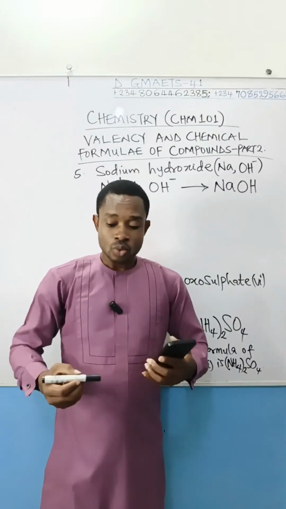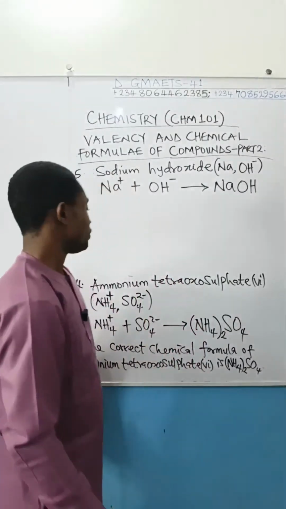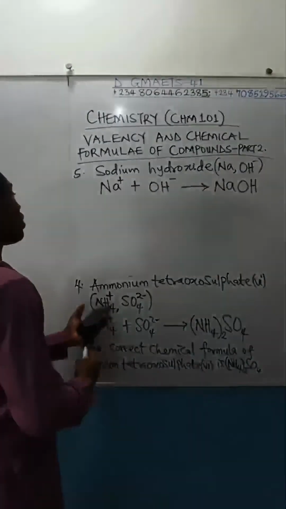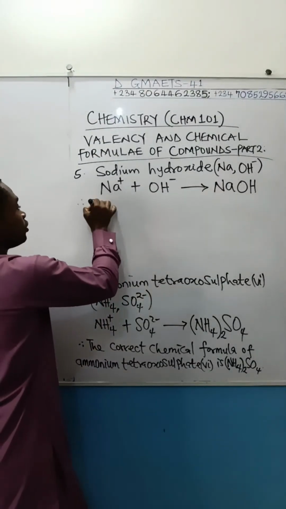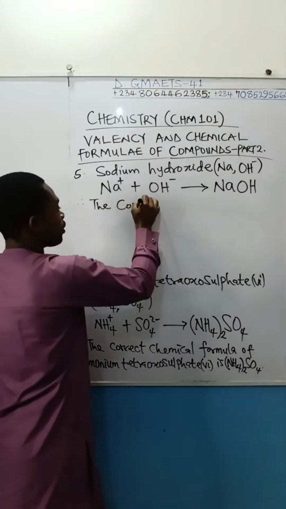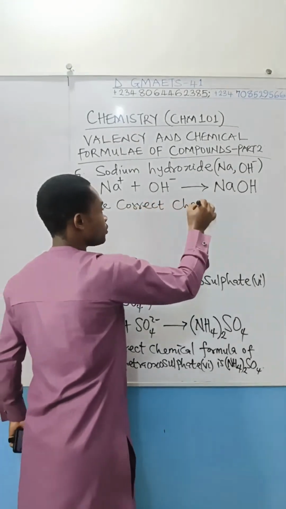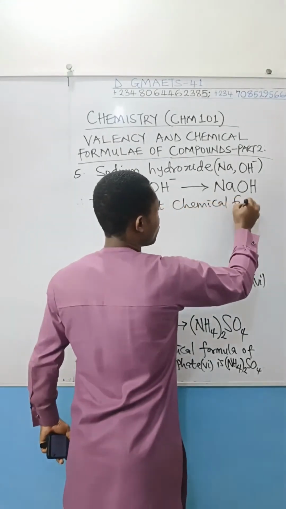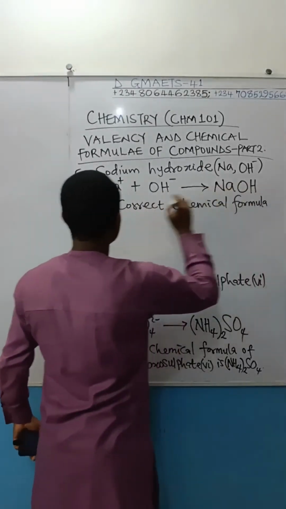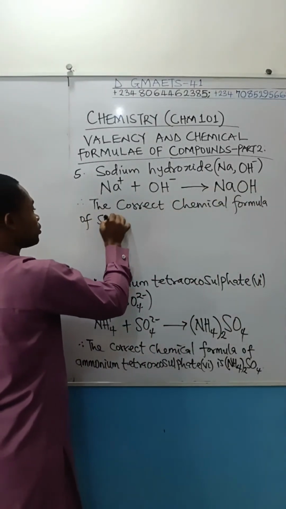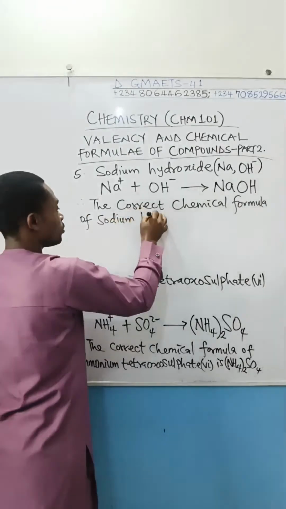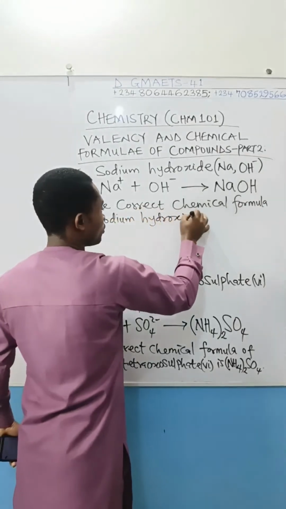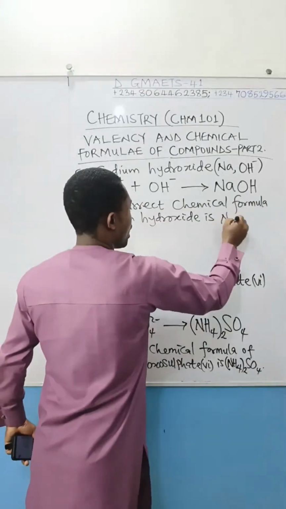Atomicity of 1, we do not write it. The correct chemical formula of sodium hydroxide is NaOH.